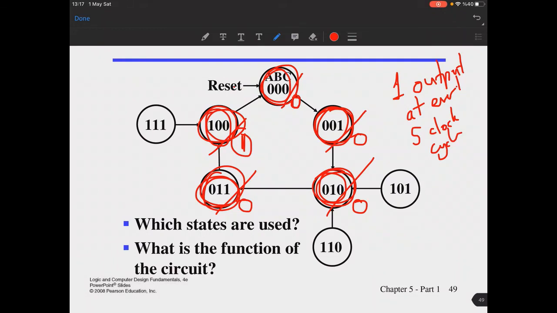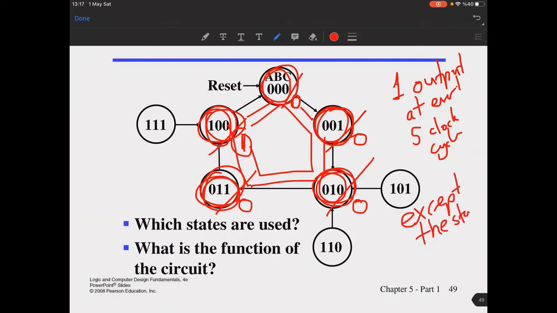Like 1, 2, 3, 4, 5. 1, 2, 3, 4, 5. Except at the start, where you get one output after 4 clock cycles.